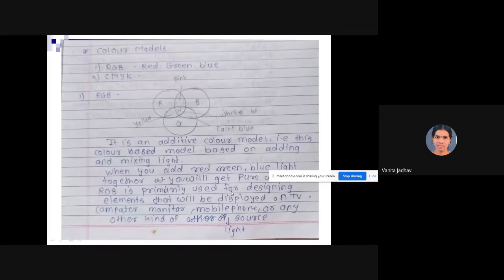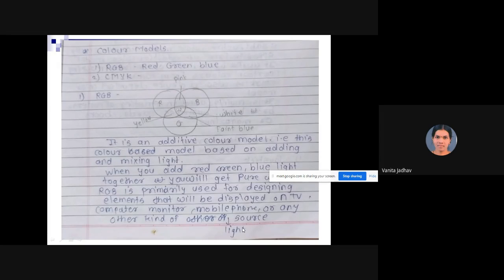RGB is primarily used for designing elements that will be displayed on TV. So mostly the RGB color model is used in TV technology. Also it is used in computer monitors, mobile phones, and any other kind of sources of light.